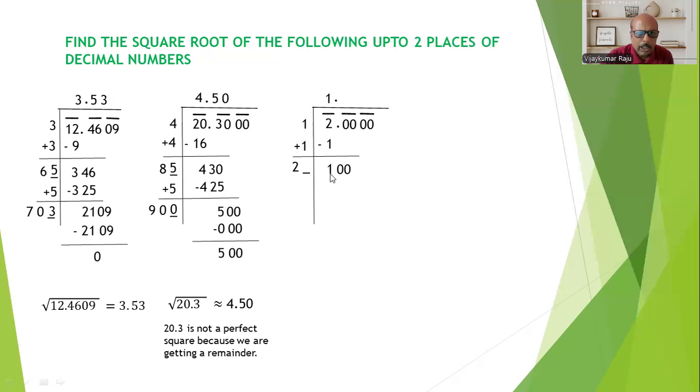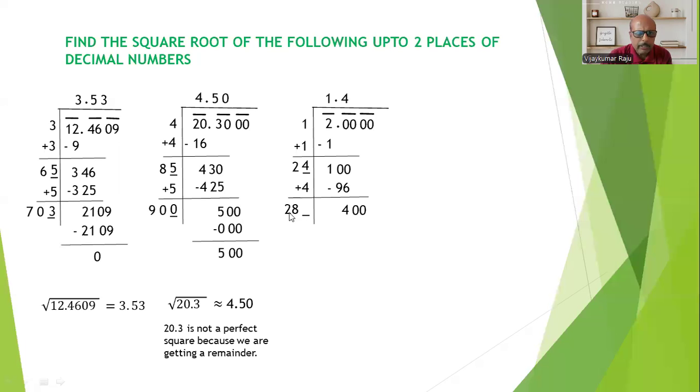Now 100 is this, it will be in the 20s. So I go for 4. 24 fours are 96. Subtract it. Add 4 here. Bring the next pair.